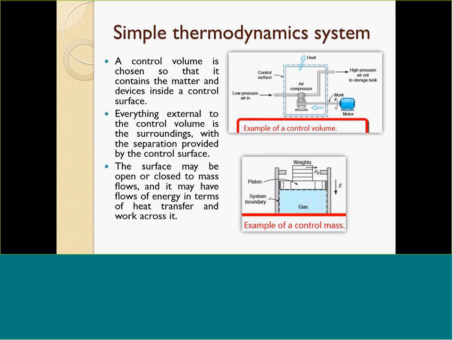So you have a volume with high pressure going toward the motor, and we have a control volume process with the surroundings. It's going to activate, that is, turn the turbine. So the surface may be open or closed to the mass flow.